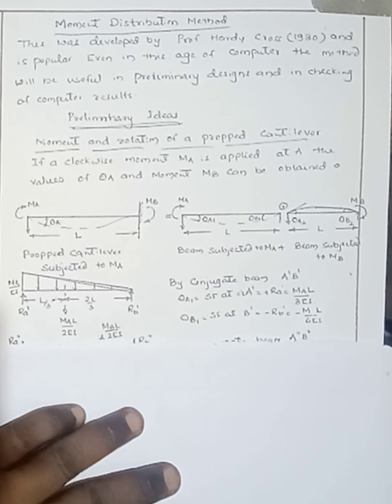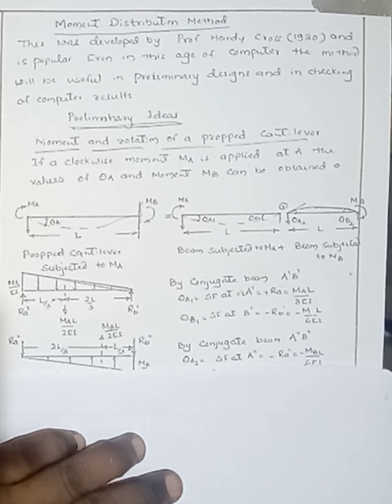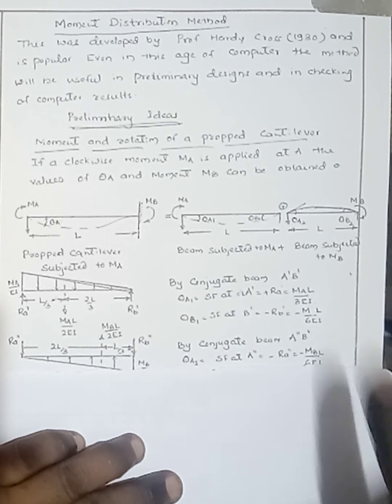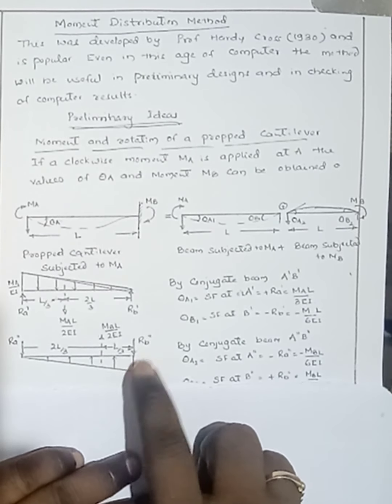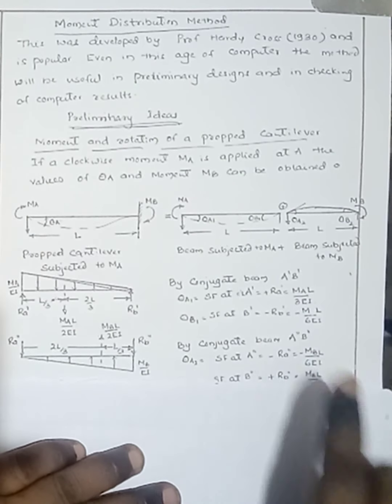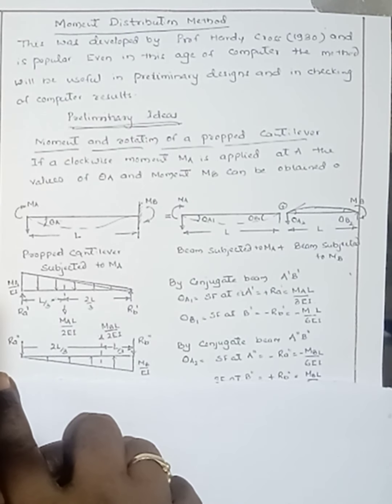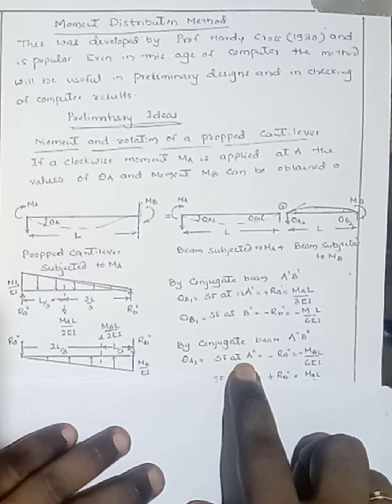Now similarly, to calculate theta A2 and theta B2 in the conjugate beam A dash, A double dash, B double dash, this one is a hogging moment, hence this is the conjugate beam loading. By conjugate beam, theta A2 equals shear force at A double dash.